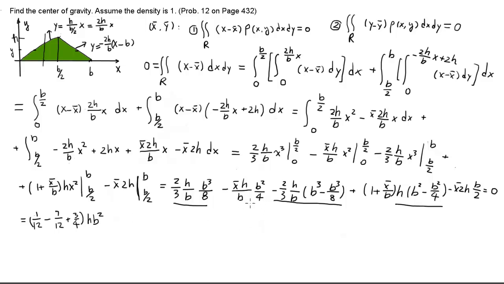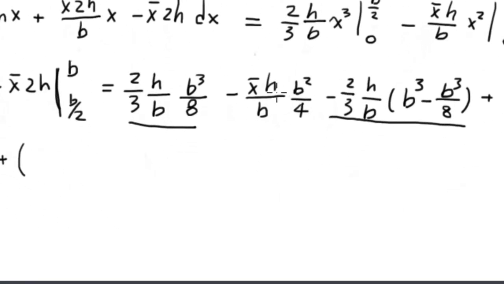Now let's look at the coefficients for x bar. So let's just be careful over here. This is going to be the x bar term, and then we have hb, so this is going to be negative 1/4. Then this term is gone. And look at x bar over here.